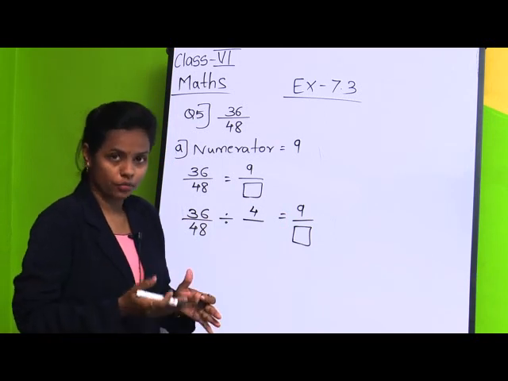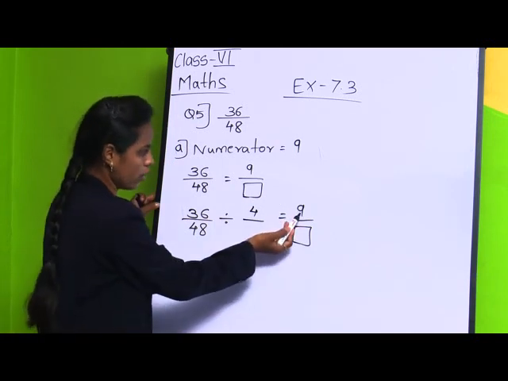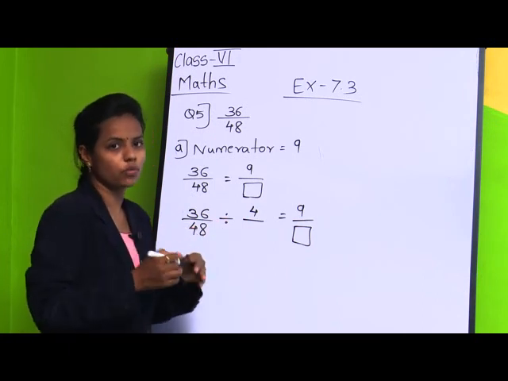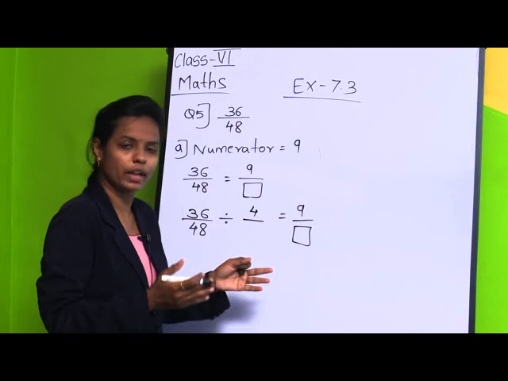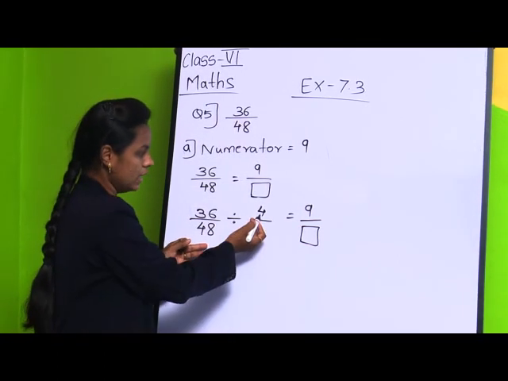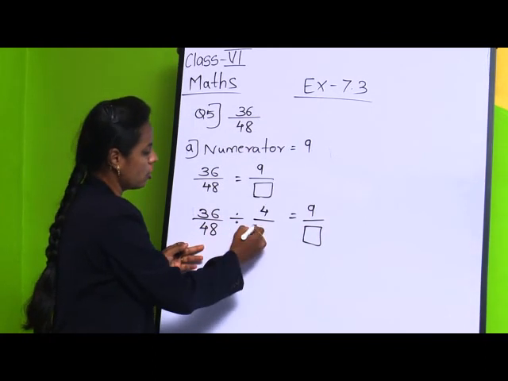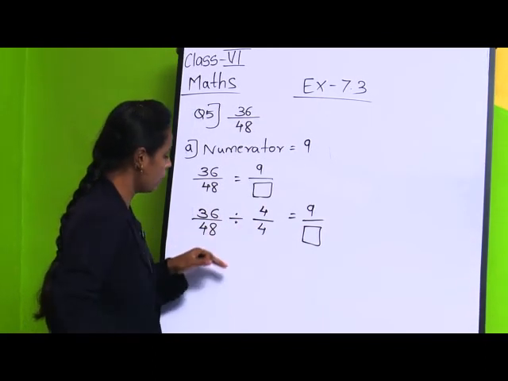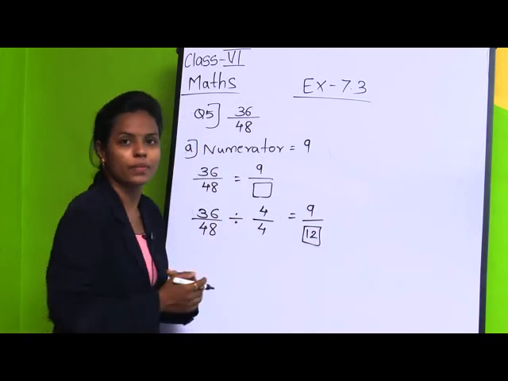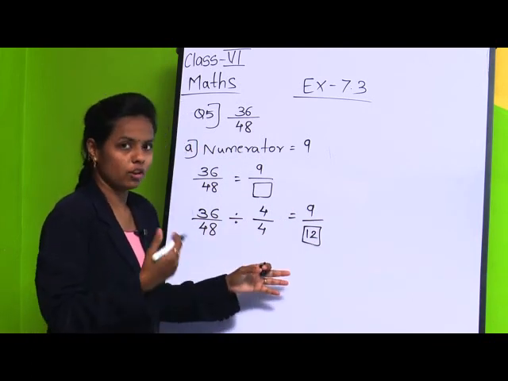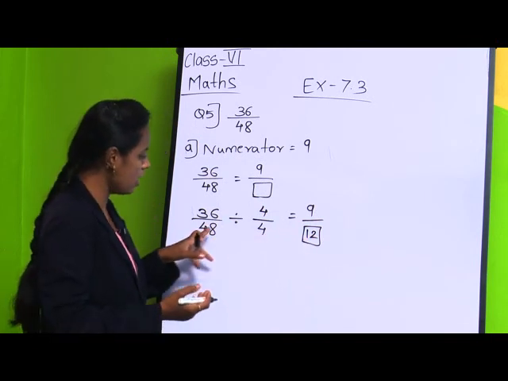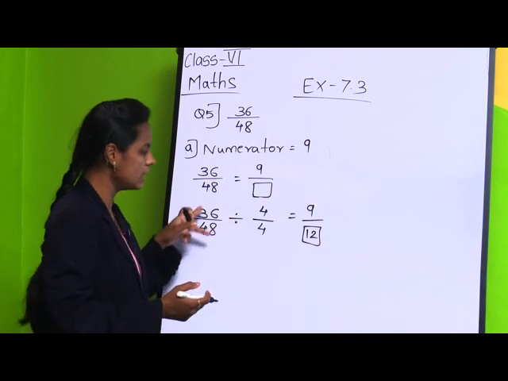Just for checking, 9 fours are 36. When the numerator is divided by 4, the denominator also should be divided by 4. So, 48 divided by 4 we get 12. For clear understanding, 12 fours are 48, 9 fours are 36.